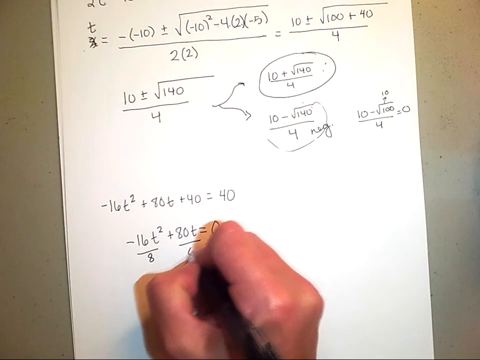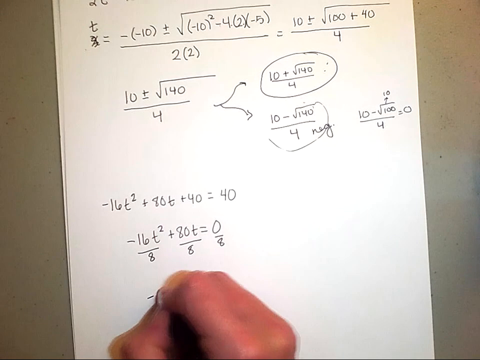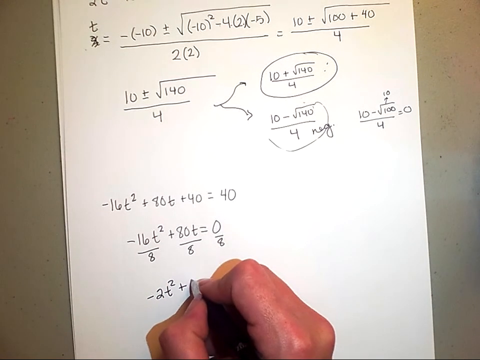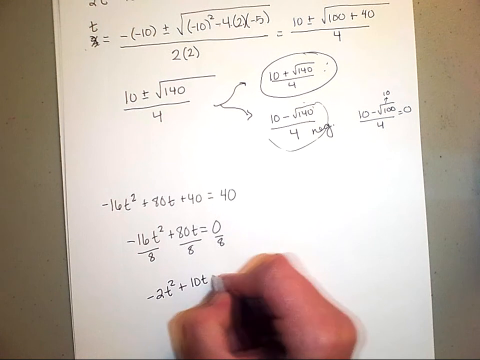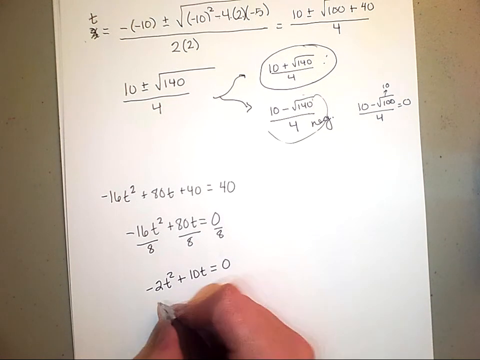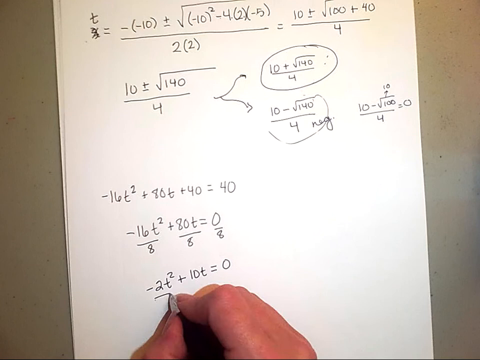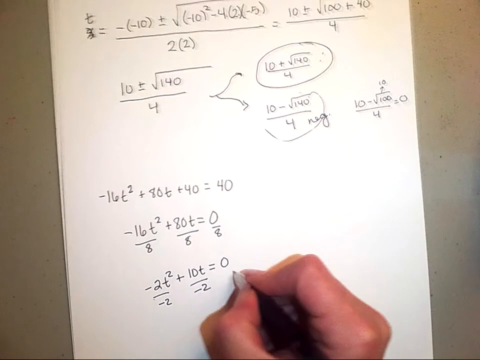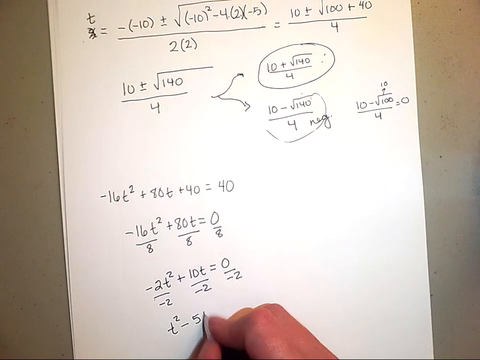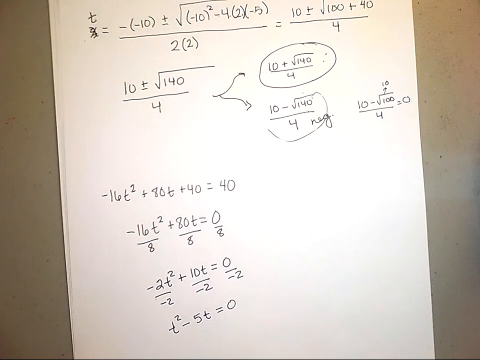And now 8 goes into both of these to simplify this. So negative 2t squared plus 10t equals 0. And we can go even further, can't we? Let's divide by negative 2. So this becomes t squared minus 5t equals 0.